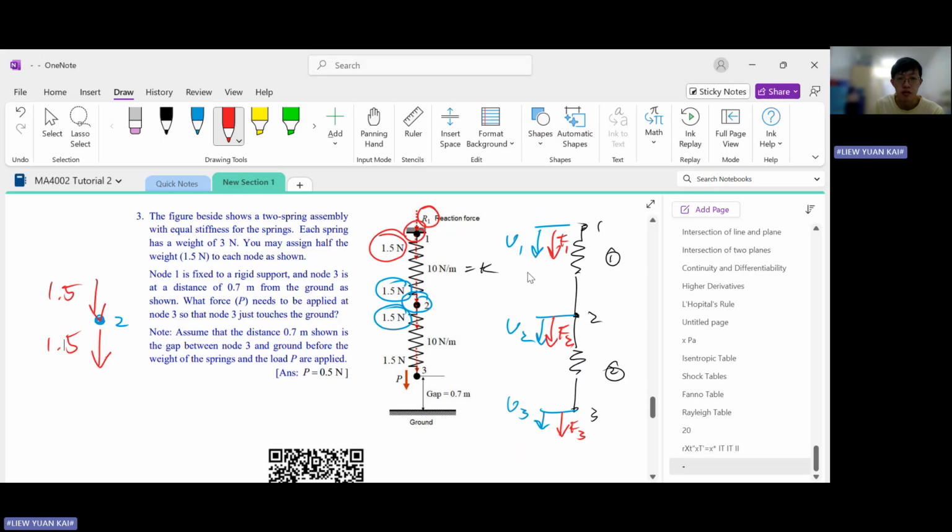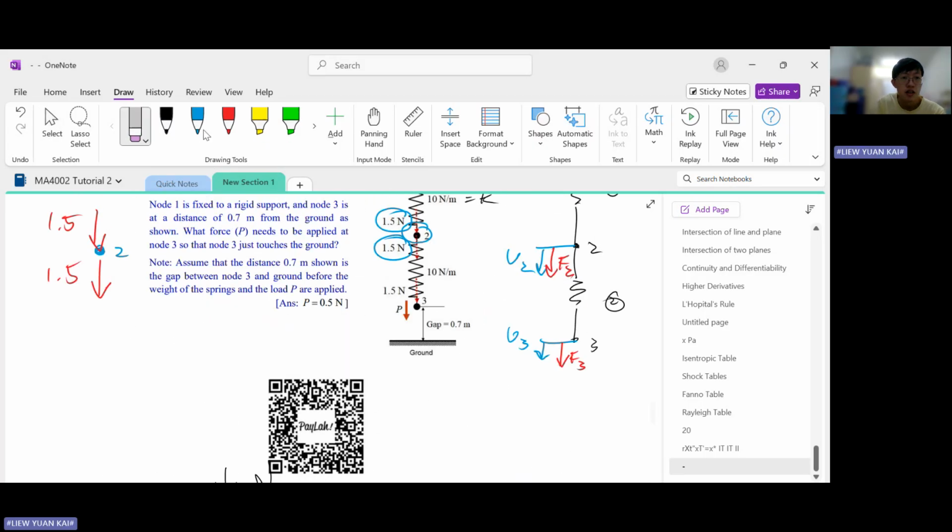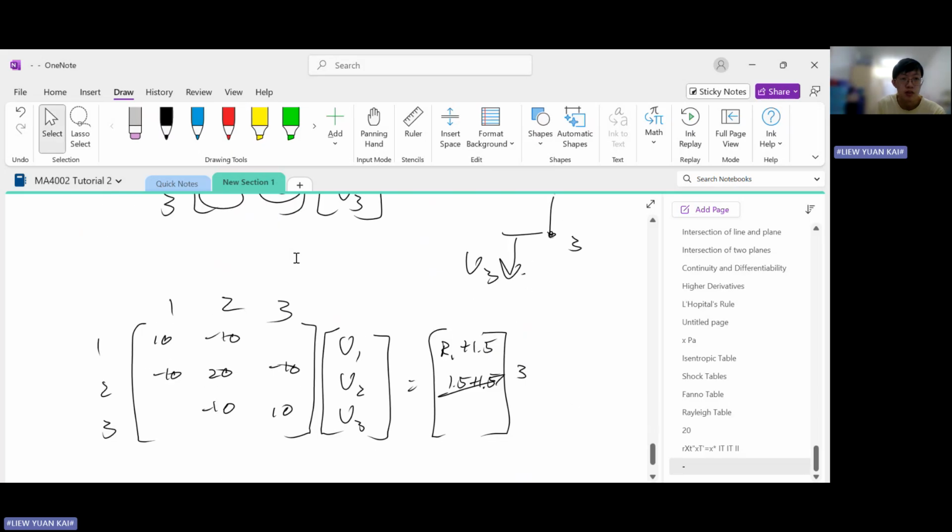So it's actually 1.5 plus 1.5, which is just 3. And lastly, the force on node 3 is P plus 1.5. According to the diagram, node 3 has a force of P and that 1.5 above it, so it's 1.5 plus P.